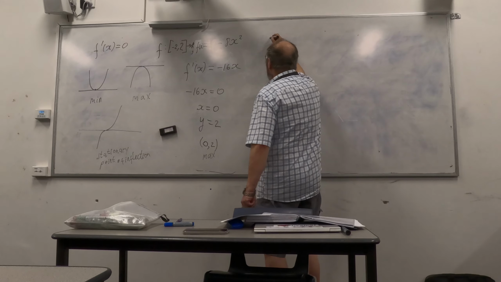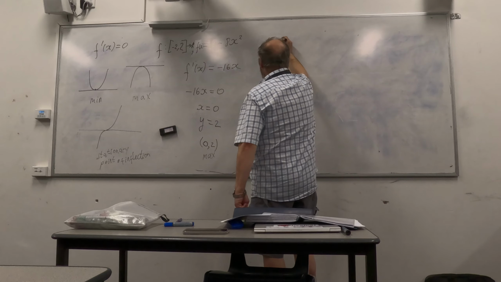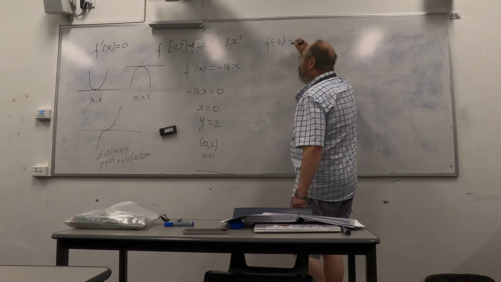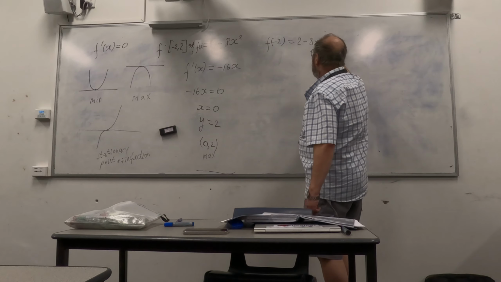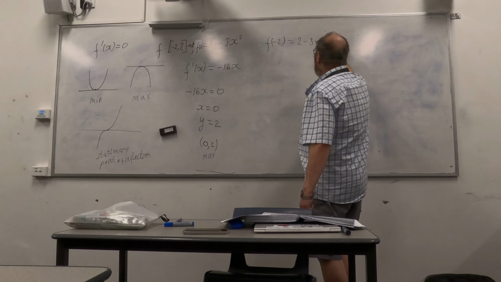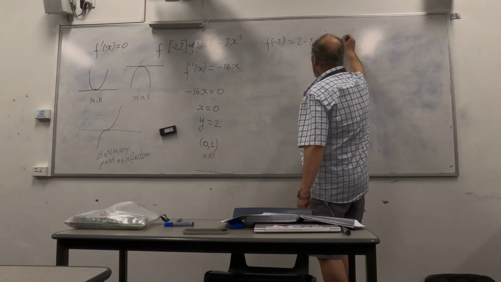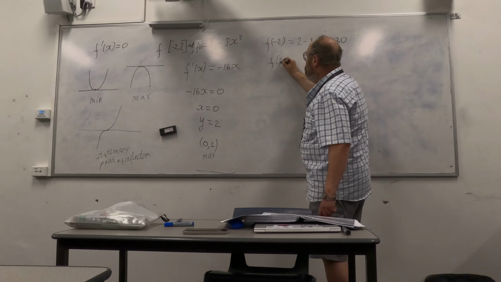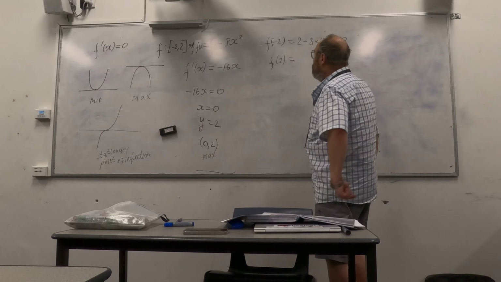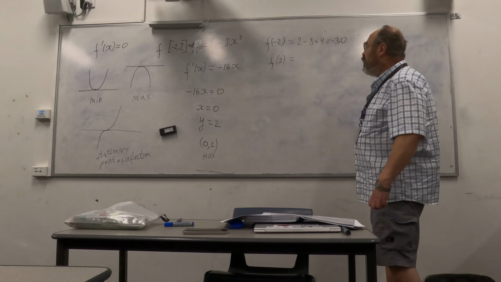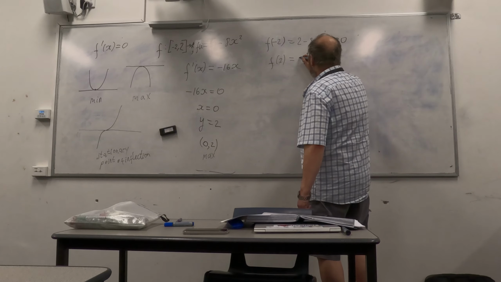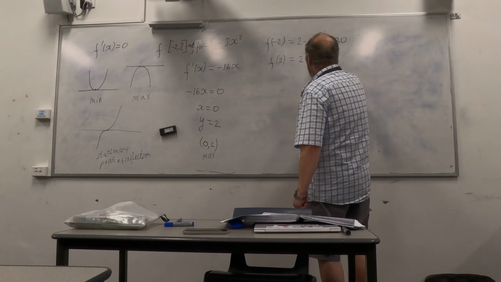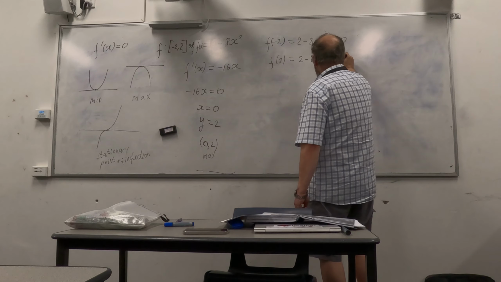So f of -2 equals 2 minus 8 times 4, so equals -30. f of 2 will be exactly the same thing, equals 2 minus 8 times 4, equals -30.